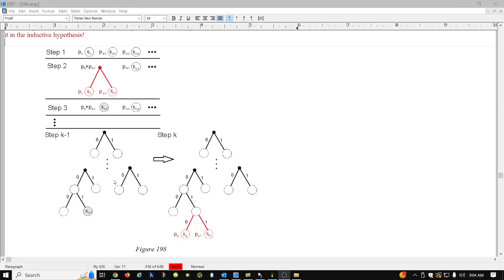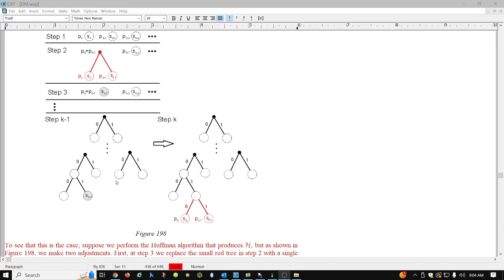So here's what I did to try to show that H prime is a Huffman encoding scheme. Let's go back to the Huffman algorithm that produces script H, the original Huffman encoding scheme on the full source alphabet. So step one, we line up the vertices here and we label them with the source symbols, and I'm using the probabilities now, and PQ is the smallest probability.